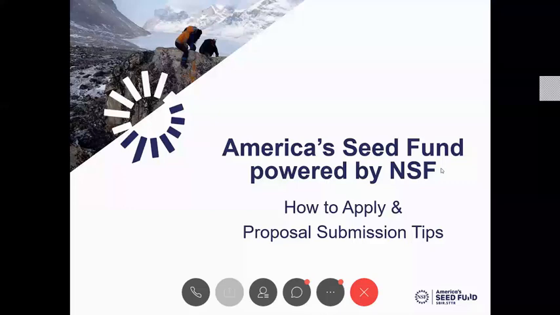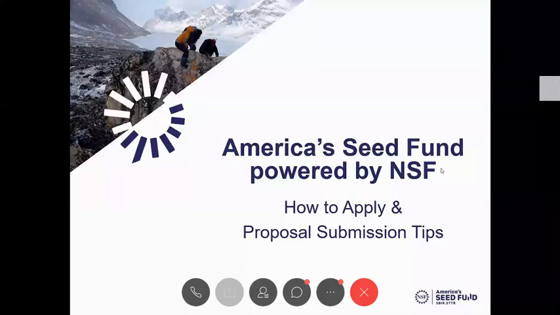Just to set the stage here, this is one in a series of webinars we have for different things within the small business programs at NSF. Specifically today, we're going to really talk about the full proposal step. As most of you know, there is a project pitch, which is something that is done online as the first formal step in our process, and that's like 2 or 3 pages of information that you would submit through our website as a first set of views of what you're doing to figure out if you might be a good fit.